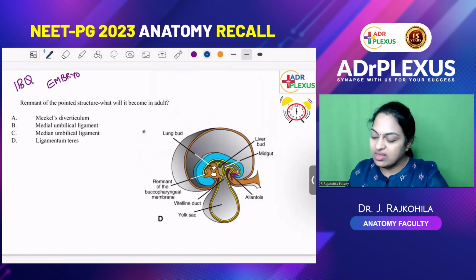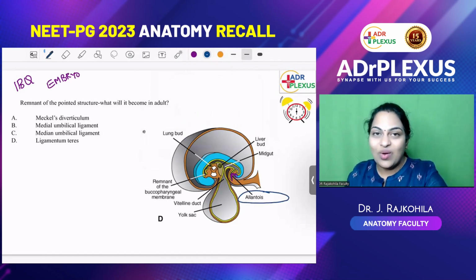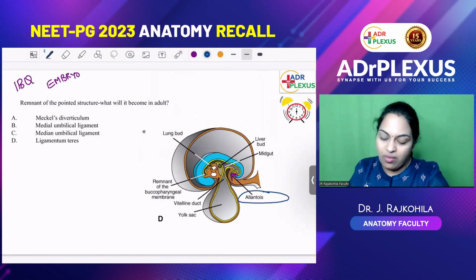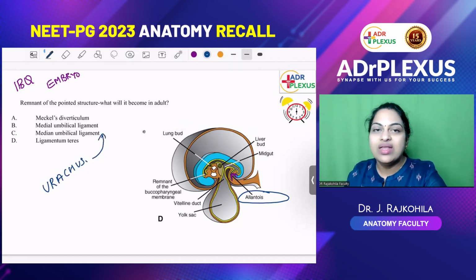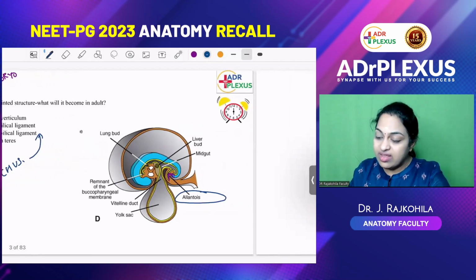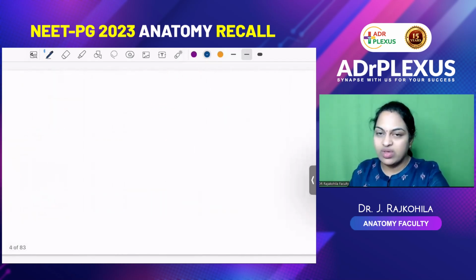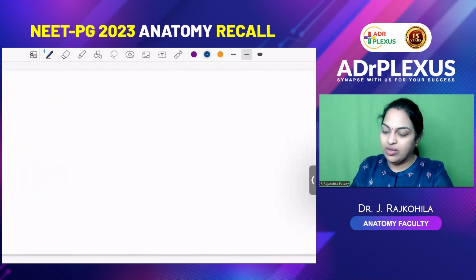What is the pointed structure? It's the allantois. In adult life, the allantois obliterates to form the urachus, and the urachus forms the median umbilical ligament. It is a repeat question and a very important question. We'll just see a few points related to it.